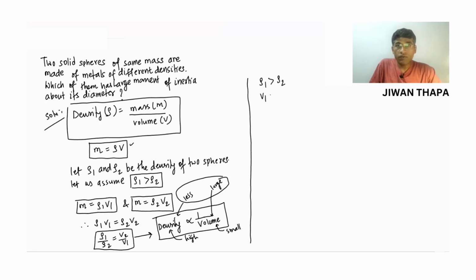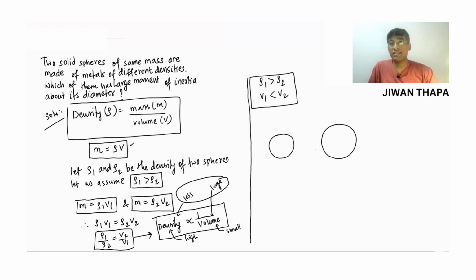Therefore, V1 less than V2. So we have two solid spheres of different volume and different density. So rho 1 is greater than rho 2, therefore V1 is less than V2. So we have this, and this is diameter.